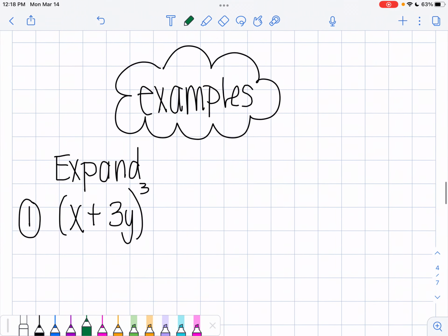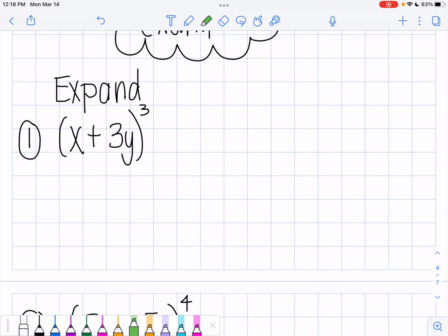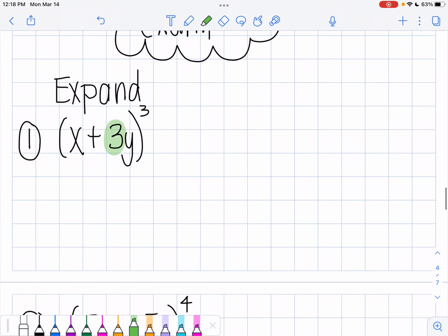Now, things get a little bit trickier when you have a coefficient in one of your terms. So we're going to do this the same way. The concept remains the same. So I'm raising it to the third power, so I know I'm going to have 4 terms. So I'm going to say this is x and 3y.